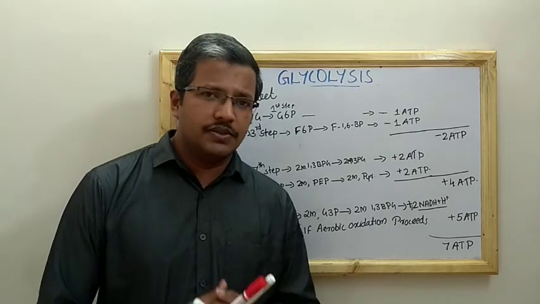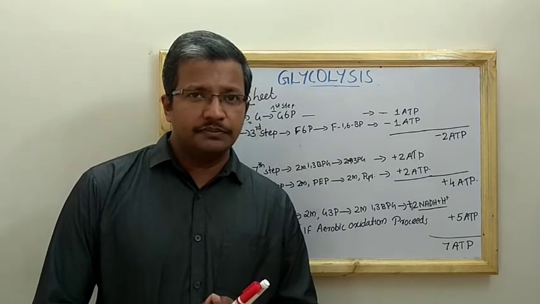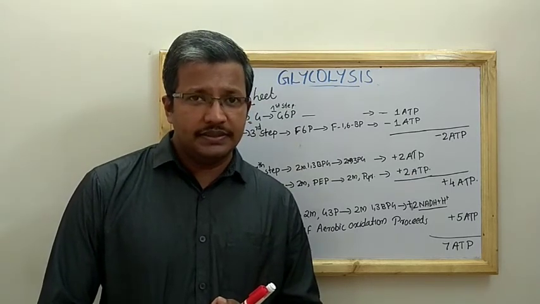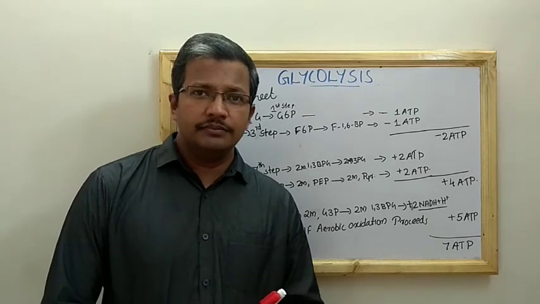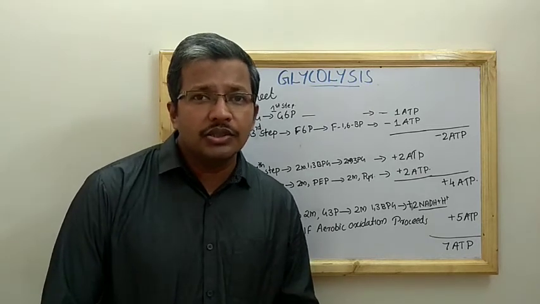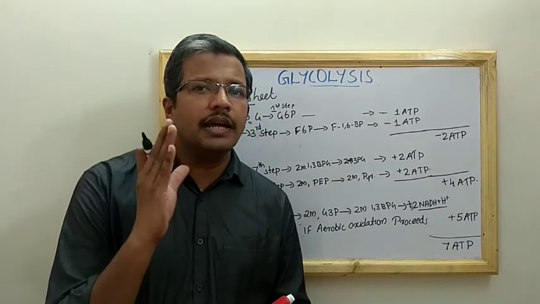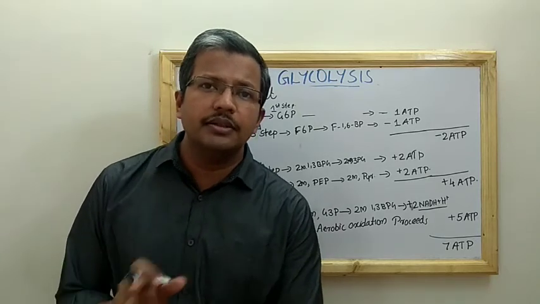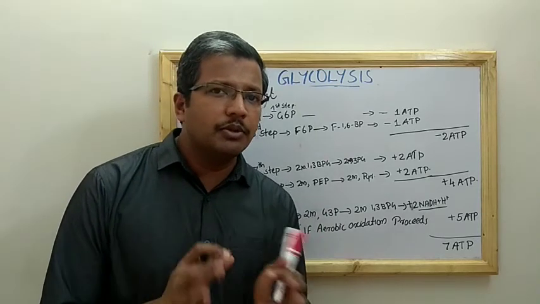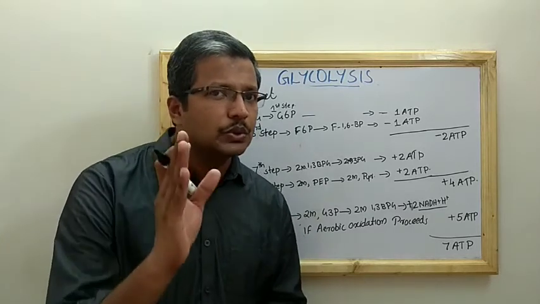And if you are asked how many ATP will be produced through glycolysis in your muscle along with the accumulation of lactic acid, then you have to see that the Krebs cycle is not happening there. It is anaerobic metabolism happening, and that's why lactic acid is accumulated. So that also it is 2.